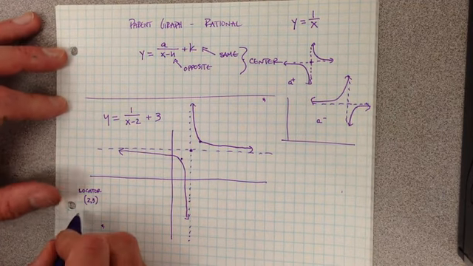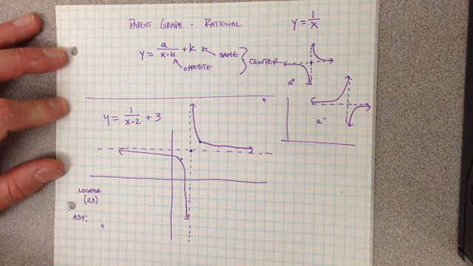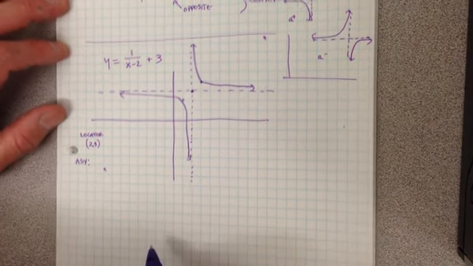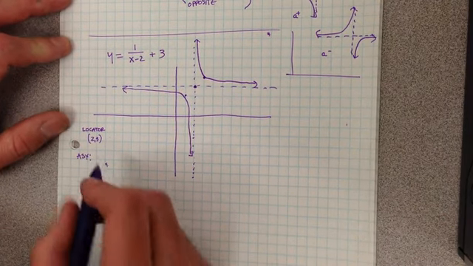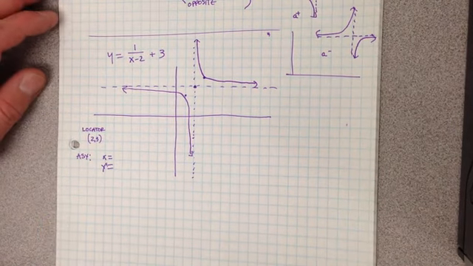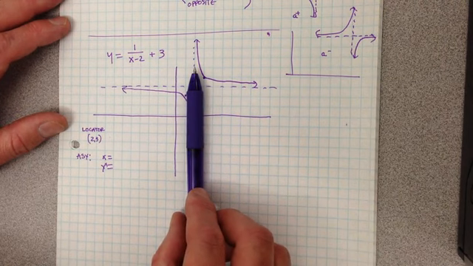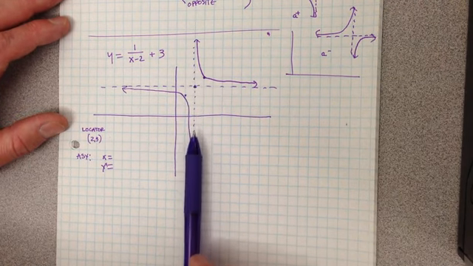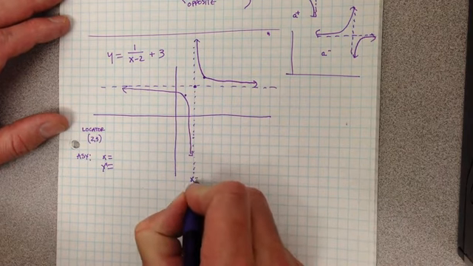From the locator, we can find our asymptotes. We have an x equals and a y equals. My x equals will be my vertical asymptote, and the equation of this dashed line is x equals 2.